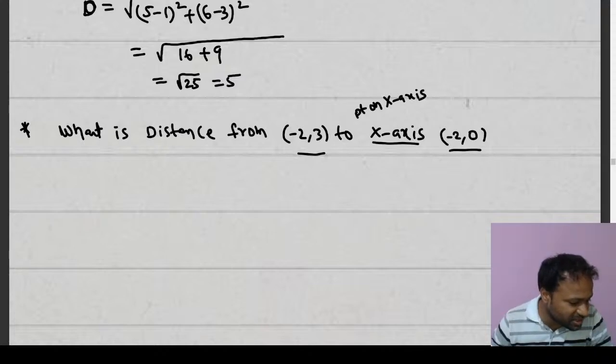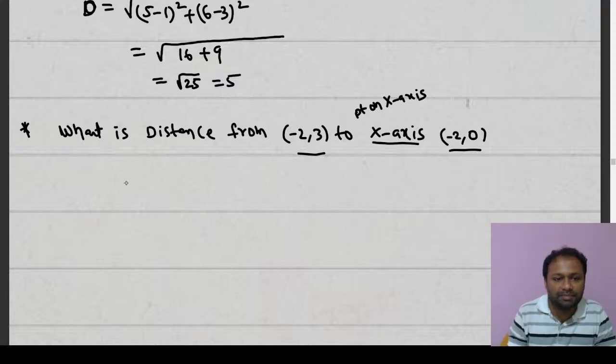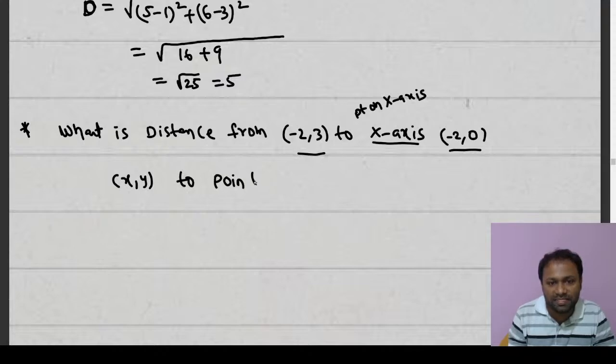Answer, anybody can say? Simple. We have the formula. What is the distance from the point to a point on x-axis? A point on x-axis is x comma 0. How much will the answer be?